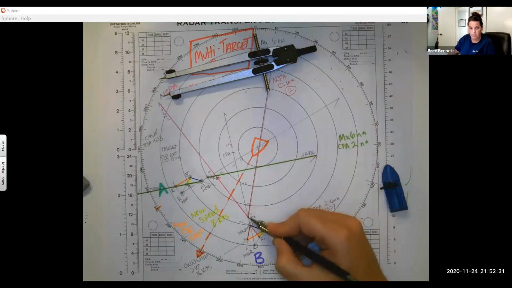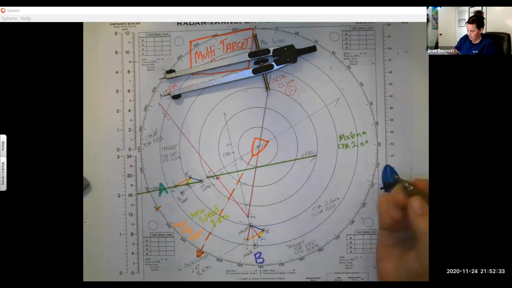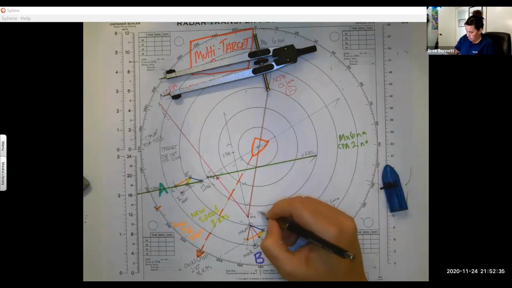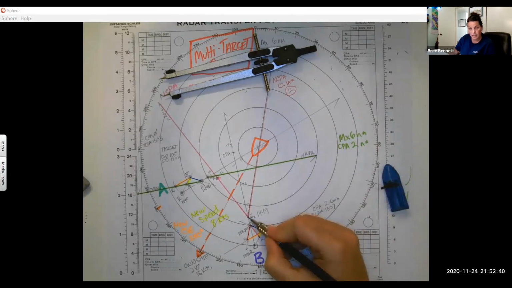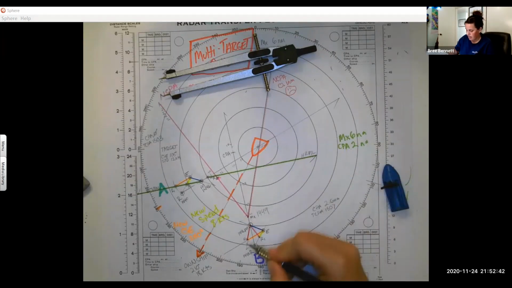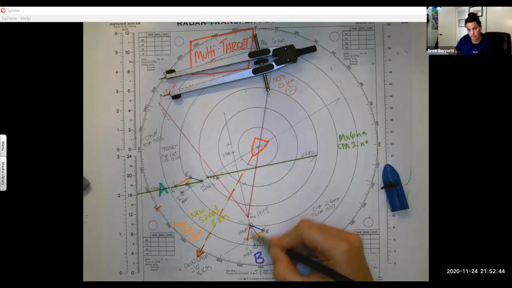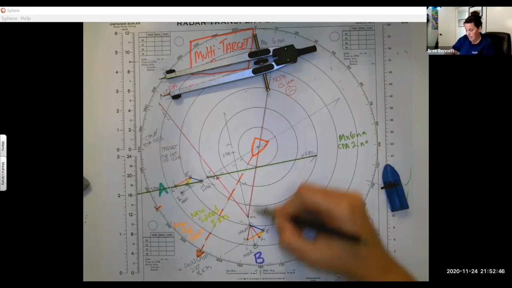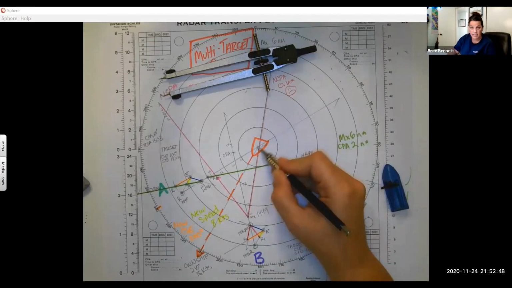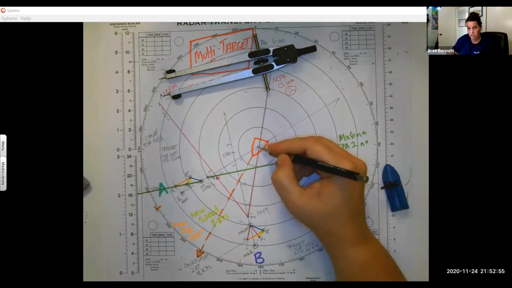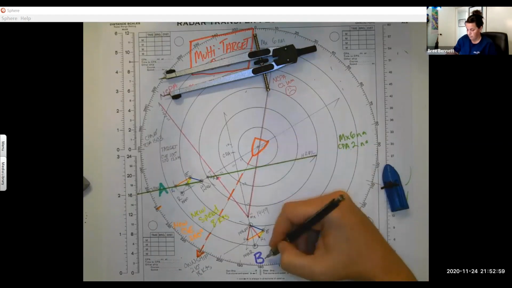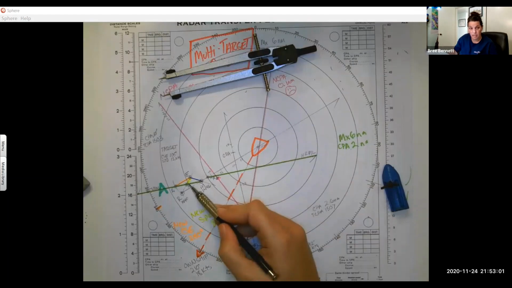My MX was about 1449. I paralleled this relative motion line from this MX, and I got a very tight CPA. That course change would not work for me because it puts me in a sticky situation for target B. So let's look at option B.